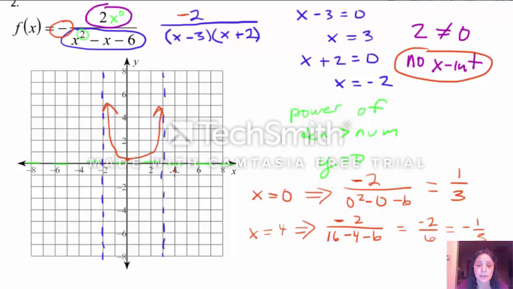So that's going to be around here somewhere. This is going to need to approach this asymptote and this asymptote, so I can safely sketch my curve in here.